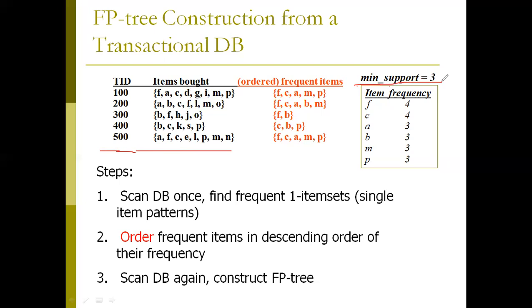It is 3. Then compare all the item sets with this value. Whichever item sets have a support count greater than or equal to 3, those can be represented here. Item sets that have less than 3, remove those items.